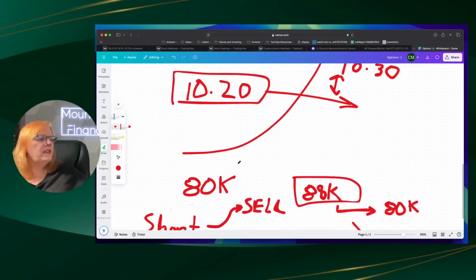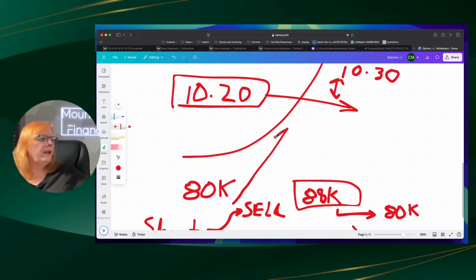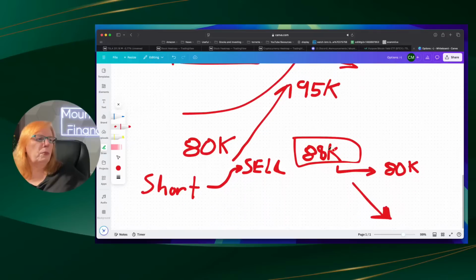But all of a sudden Bitcoin goes flying up, let's say up here at 95K really, really fast. Well, we've blown through their price, and they're now forced to sell 100 Bitcoin.